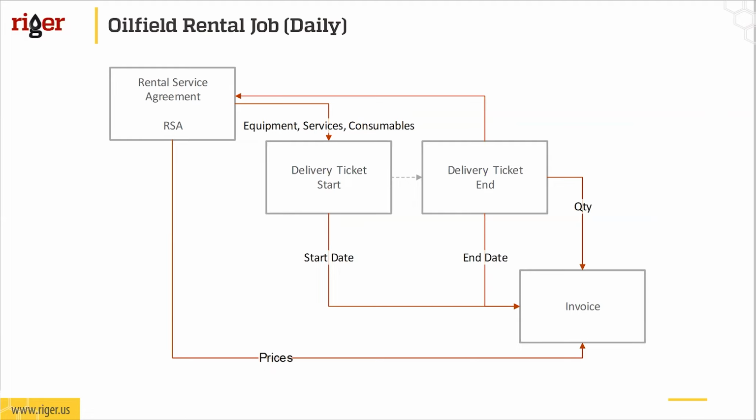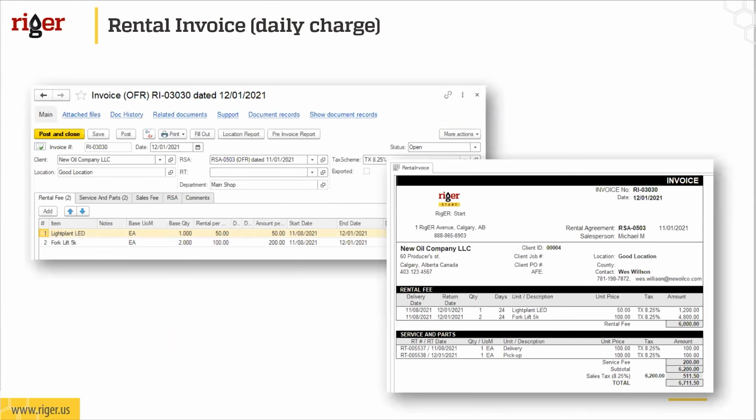Again, the prices are going to be defined within the RSA or the quote. The rental periods start and end dates are going to be defined within the tickets, and the quantities also are going to be defined within the tickets. And at the end of the day, we're going to generate the invoice, which will include the rental revenue from all the tickets up to the point of the invoice date. So let's go down.